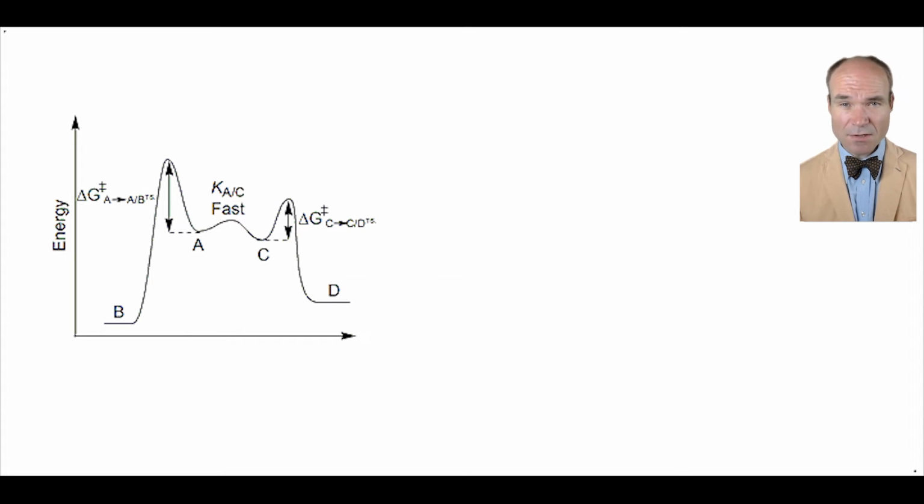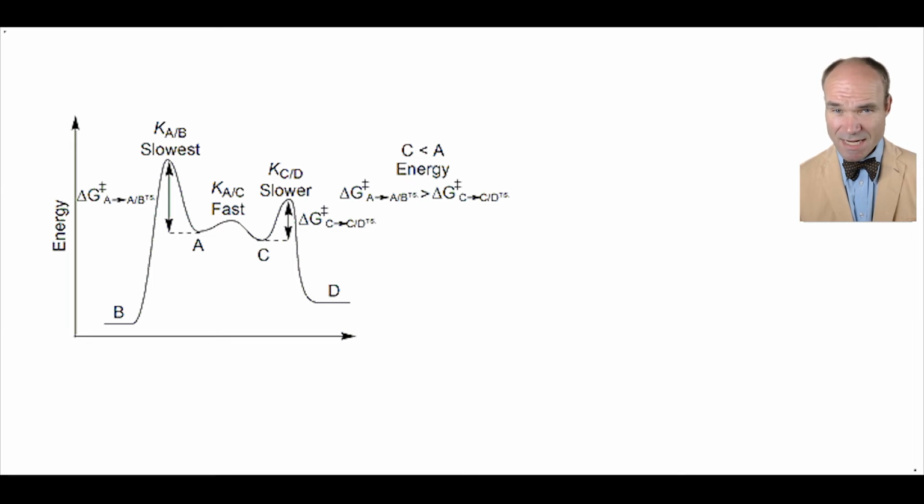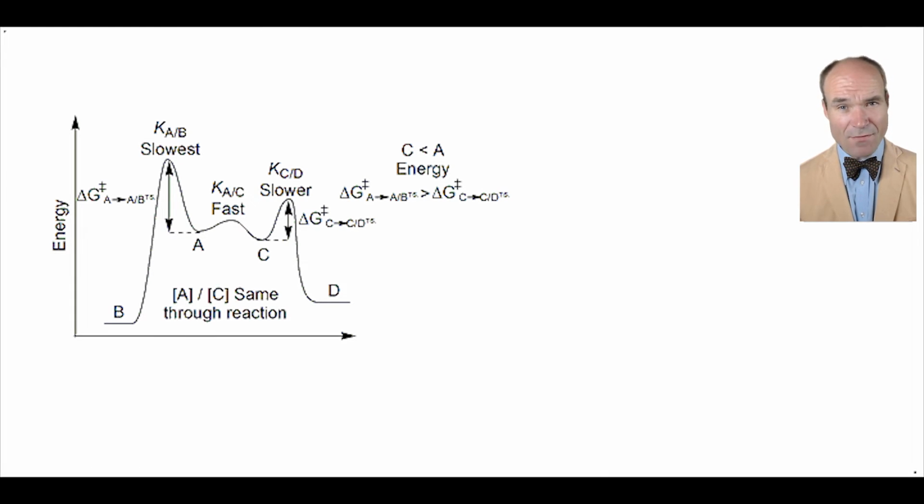Thus, the rate of formation of B from A is the slowest of all the reactions in this system, whilst the formation of D from C is still much slower than A to C's equilibration, but not as slow as A's conversion to B. C is of lower energy than A, whilst A to B's conversion has a greater activation energy than C's conversion to D. Because A and C can readily equilibrate, the ratio of A's concentration to C's concentration remains constant throughout the reaction.